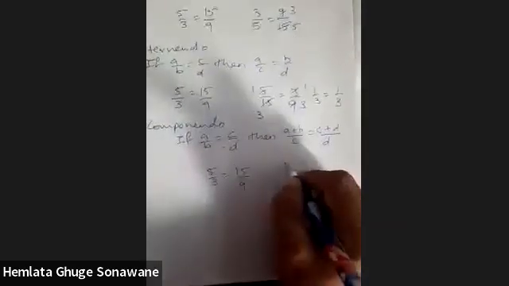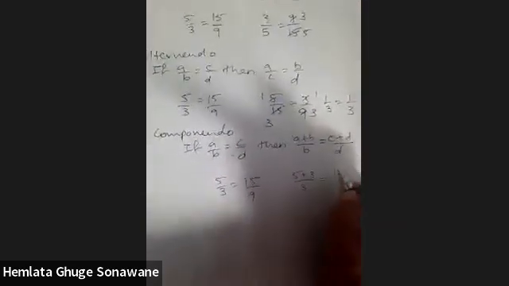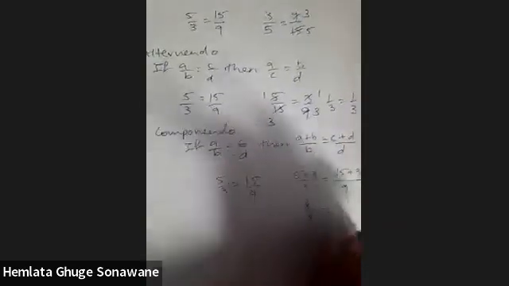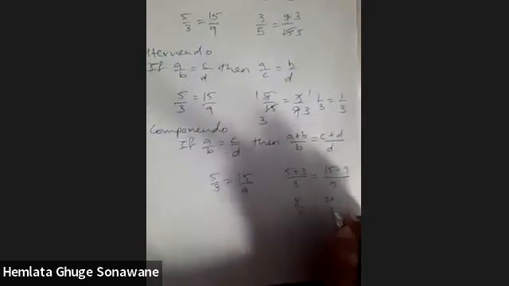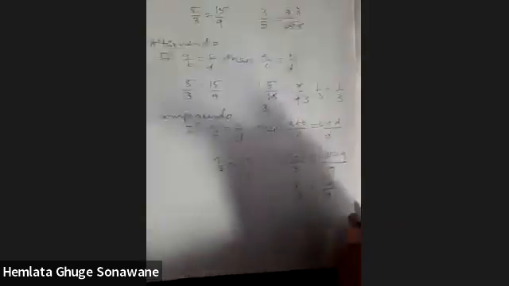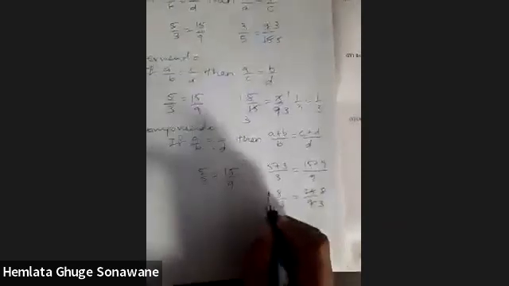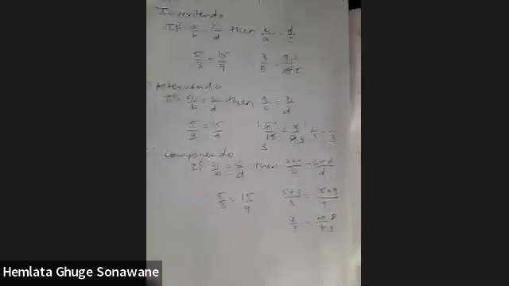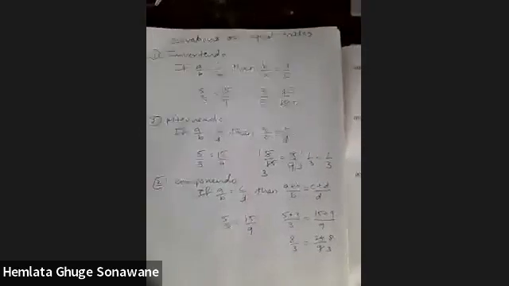Now A plus B, we have to add 5 plus 3 upon 3, C plus D, 15 plus 9 upon 9. 5 plus 3 is 8 upon 3. 15 plus 9 is 24 upon 9. We can simplify this. 3 3s are 9 and 3 8s are 24. That means 8 upon 3 is equal to 8 upon 3. Just go through these 3 rules.